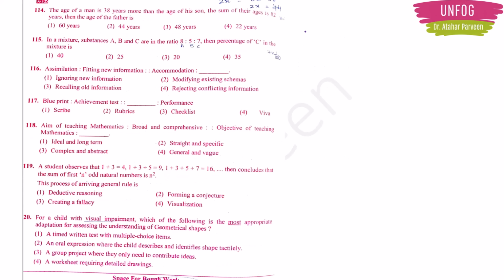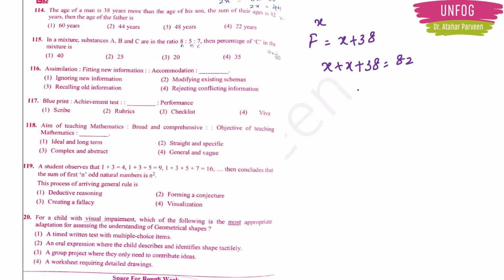Next, question number 114. The age of a man is 38 years more than the age of his son. The sum of their ages is 82 years. The age of the father is. So let son's age be x. So father's age will be x plus 38, right? And their sum is, they are telling how much? 82.